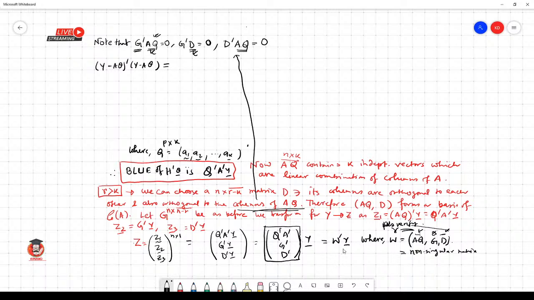since z curl equals W prime y curl, and since W is a non-singular matrix, y curl is W prime inverse z curl.